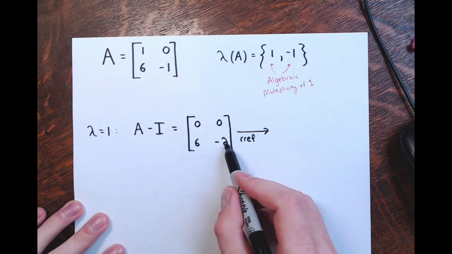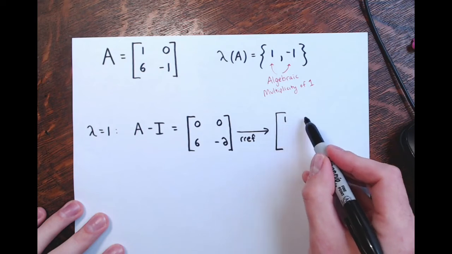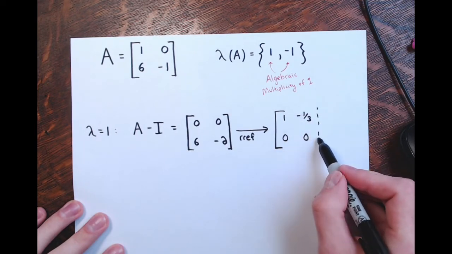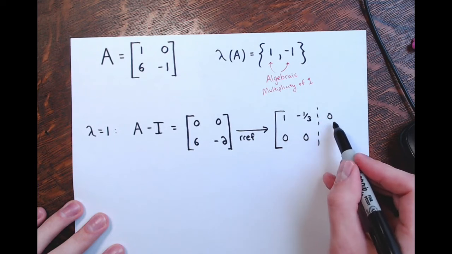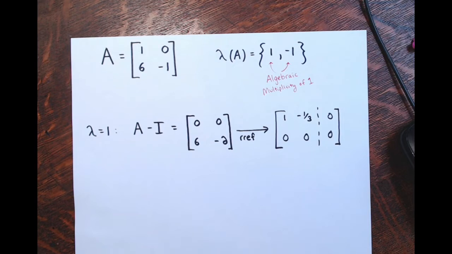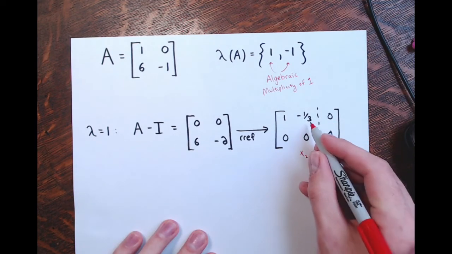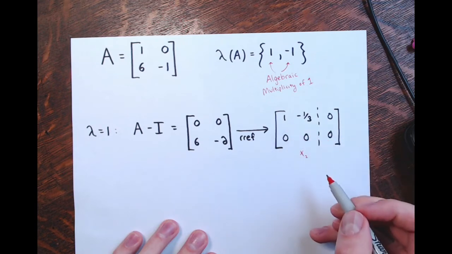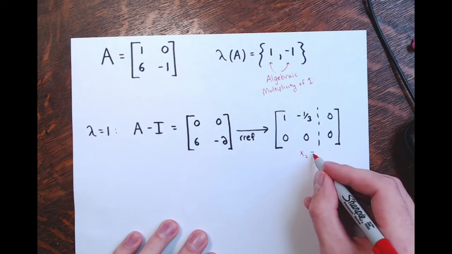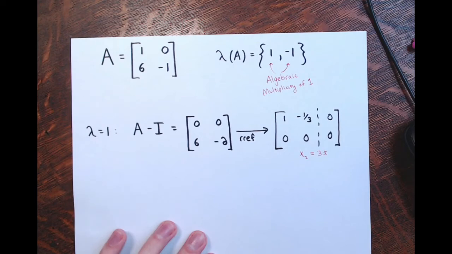So again, I would just multiply this one here by a sixth and move it to the top. So I'd have 1, negative 1/3, 0, 0. And again, you're imagining that we're going to have this times some vector equals the 0 vector like that. And the second component, x2, is a free variable. It's not in a pivot column. And just to make sure I get rid of this fraction here, we'll replace x2 with 3 times t, where t is any real number.